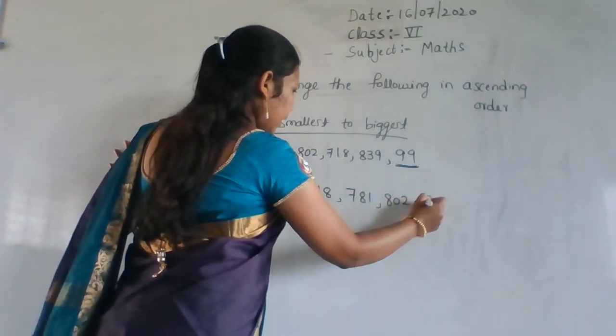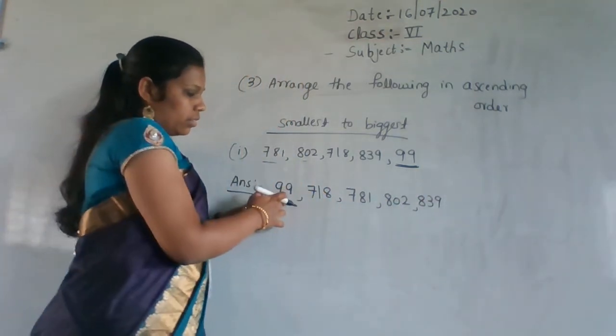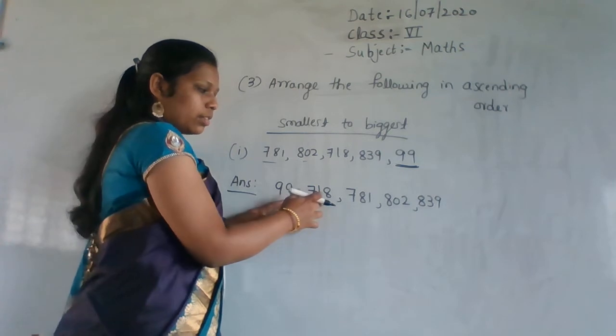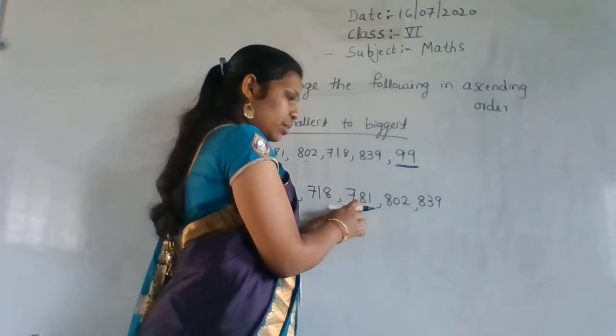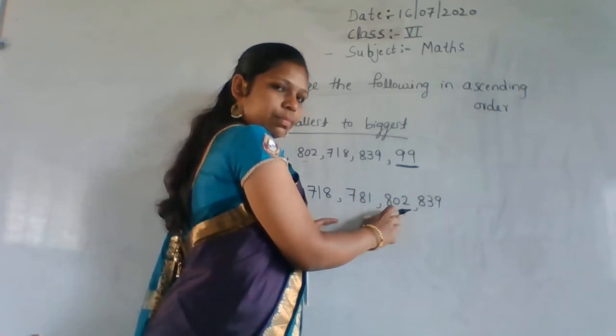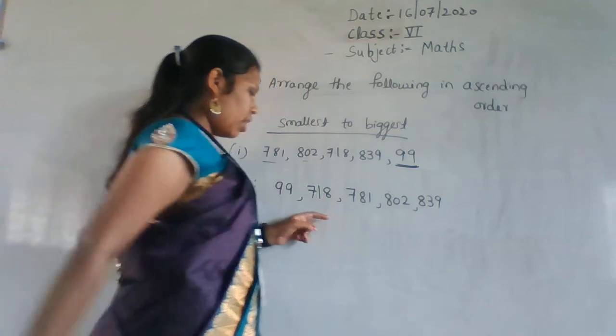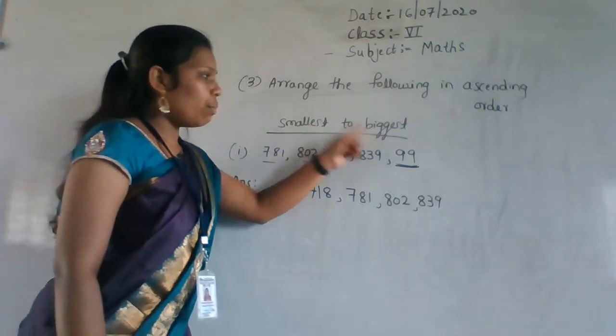Next number is 839. Observe here: this number is smaller than this number, and this number is smaller than this number, and so on. Of course, it is in increasing order, or smallest to biggest.